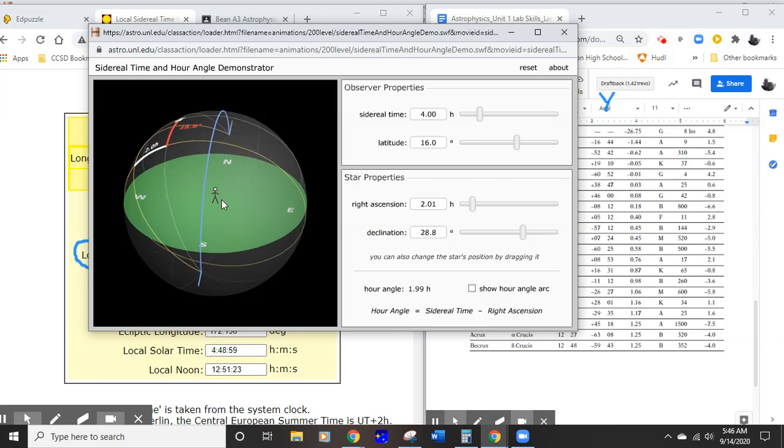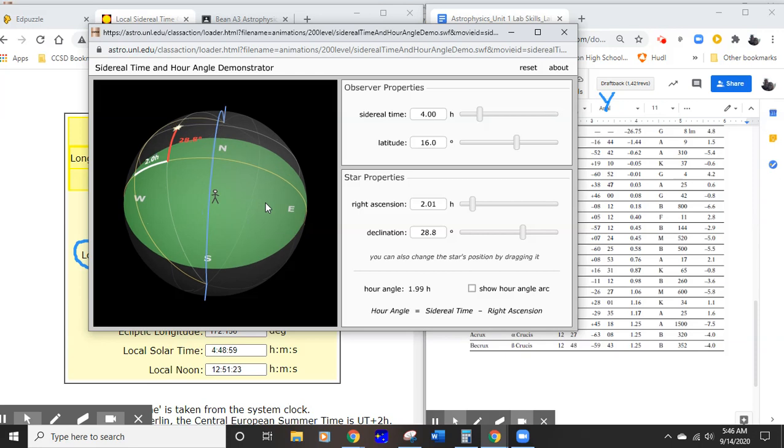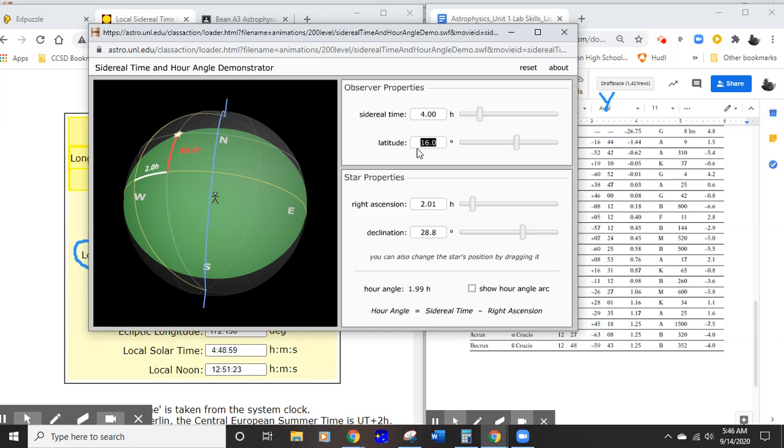So here is us right here. Here's our latitude and here's our meridian. We're at 4 hours and our latitude is 39 degrees. This is us in Carson City right now. And this is the star.